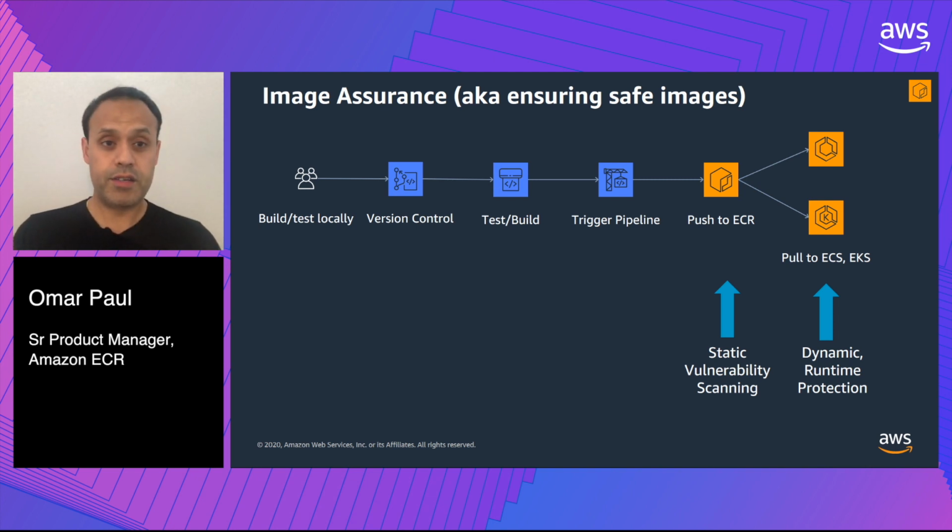ECR today does not offer this capability, and we have excellent security partners such as Aqua, Trend Micro, Stackrox, Snyk, Black Duck, and Binary Analysis, that our customers use with comfort. Those are excellent choices when it comes to things like this.